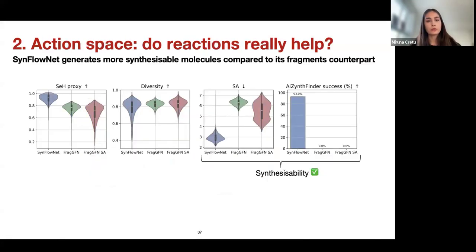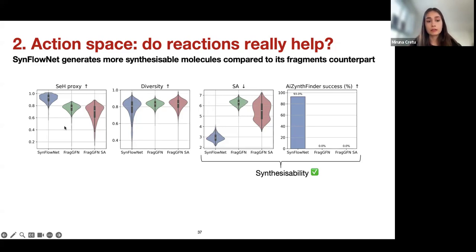Now, in terms of how we defined our action space, I'm comparing here to a fragment-based GFlowNet. So one that, instead of using these chemical reactions to transition from a state to the next, just merges fragments together. And also such a fragment GFlowNet that jointly optimizes for affinity and synthetic accessibility, which is a heuristic for how easy it is to synthesize a compound.